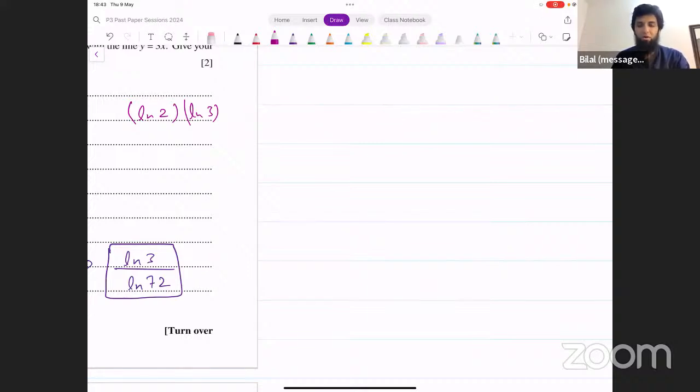For applying the log rule, you need to have multiplication inside or division inside, or addition or subtraction outside. This is multiplication outside. The log rules do not work here. We can't simplify this further. We can just evaluate it on our calculator and write down the values if we want, but it cannot be simplified in exact form. That is not possible. Okay.